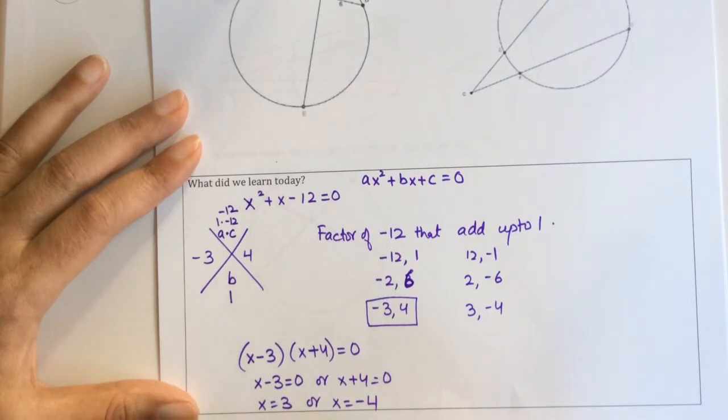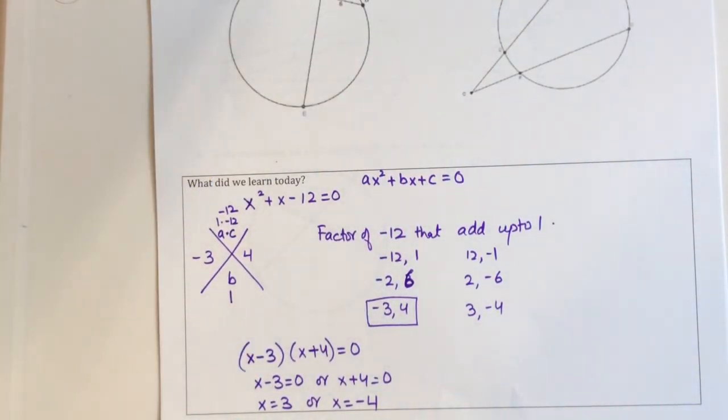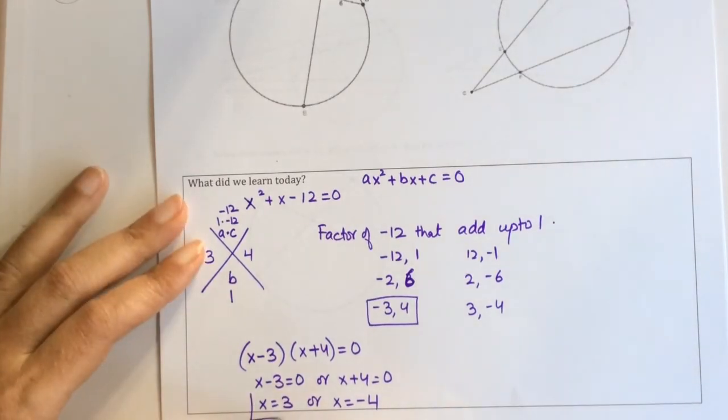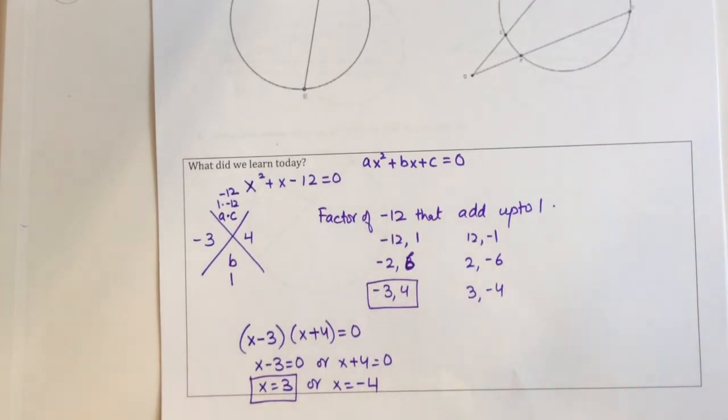I know in my case x is the length of a segment, so it cannot be negative. So my answer will be x equals 3. If you have forgotten how to solve a quadratic equation using factoring or using the quadratic formula, this is a good time to review it.